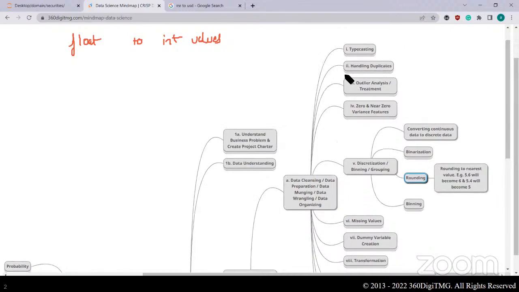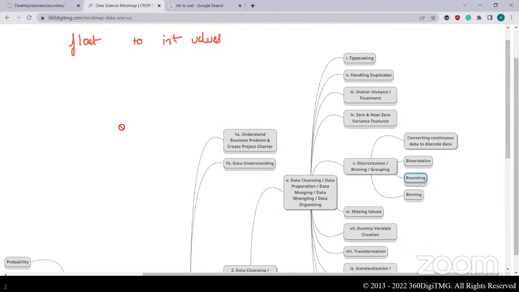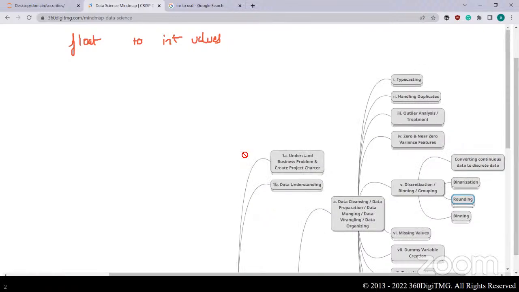So you're rounding the float values to their nearest integer. So let's say, but before we understand rounding, let's understand a couple of things. In mathematics, we have something called floor values and ceiling values.